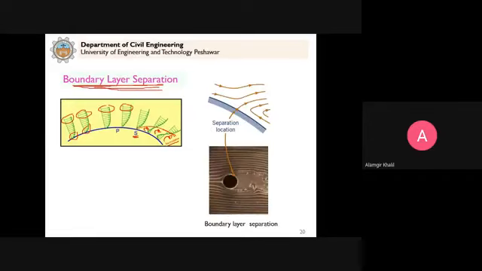And now we will learn why boundary layer separation takes place, and then how we can avoid or minimize this phenomenon so as to reduce the drag force. To understand this, you can see here that a fluid flow occurs past this object. These are the streamlines which are shown here.